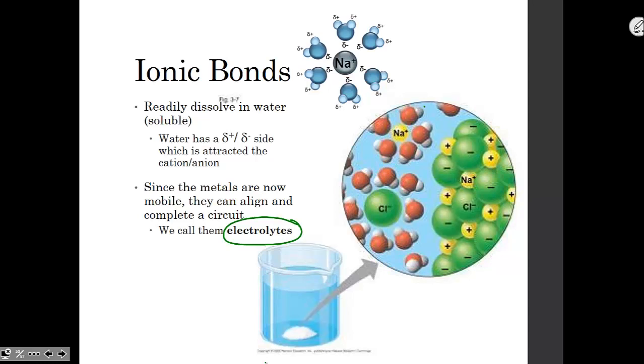Electrolytes are ions that in solution are mobile and able to close a circuit. Being free and mobile allows them to close a circuit between two electrodes to carry a current.